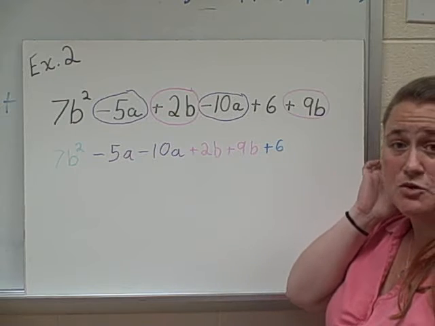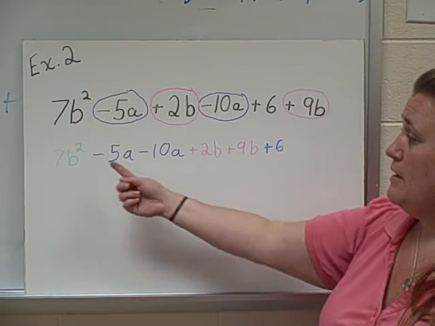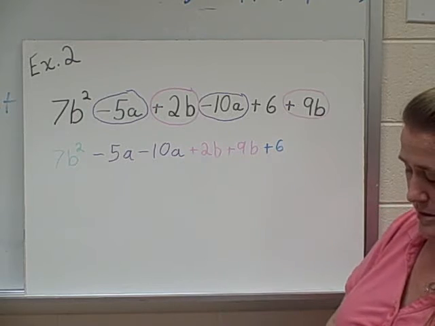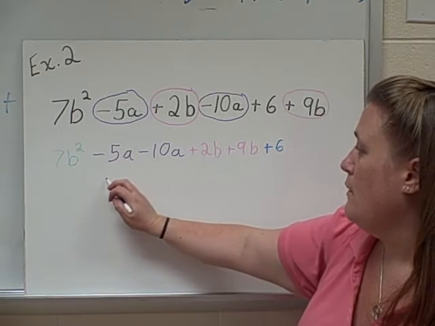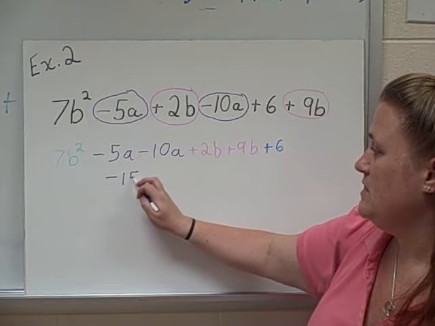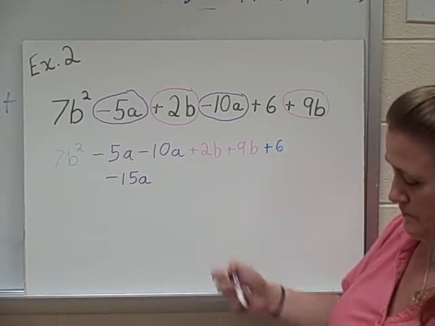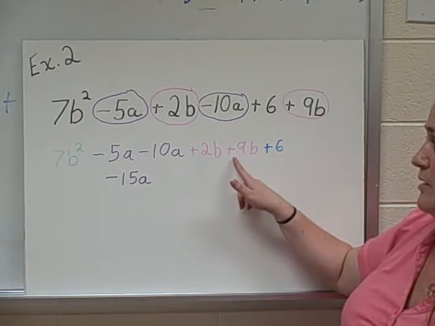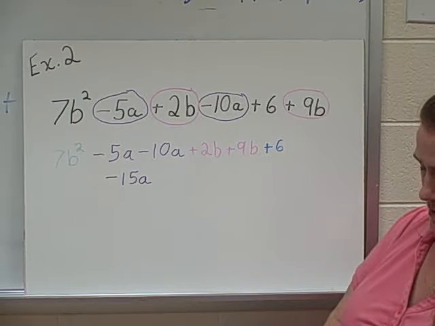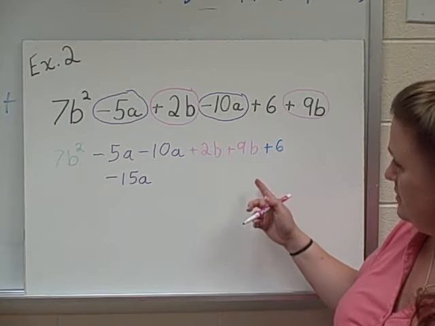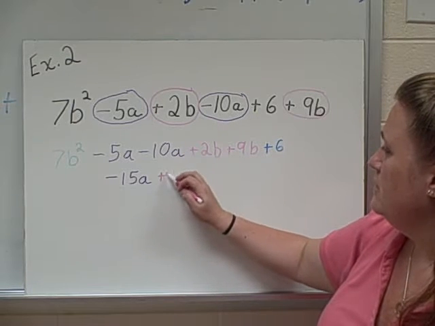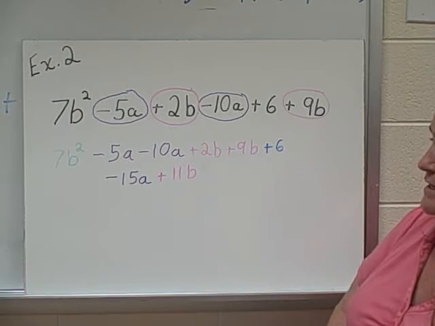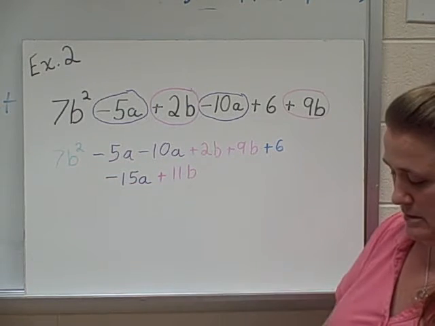So now we need to finish with combining our like terms. Minus 5a minus 10a gives me minus 15a. Plus 2b plus 9b gives me 11b. And then I just bring down the other pieces.